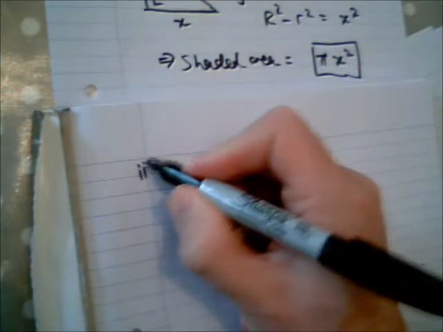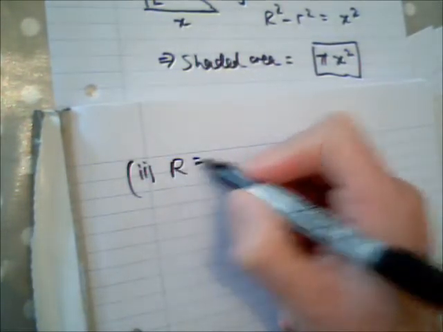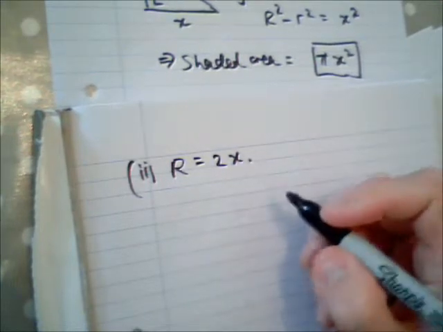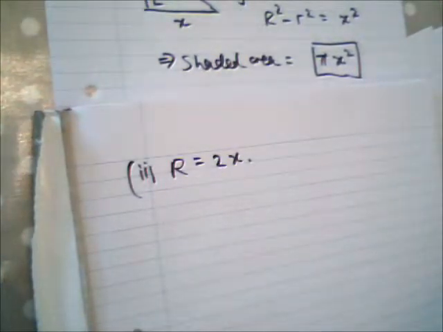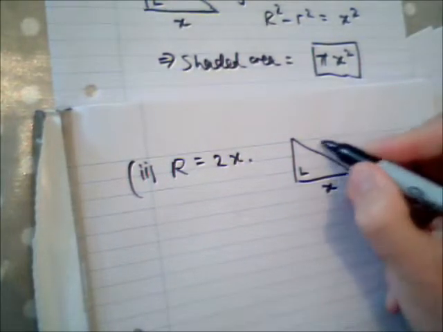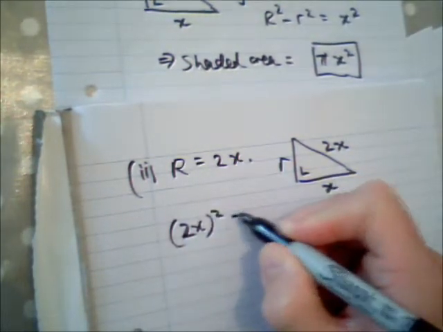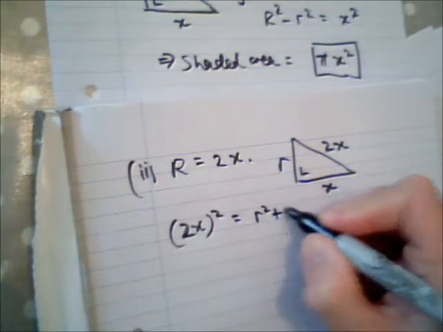So part 2 says the radius of the outer circle, that's big R, is 2x. Well, that means that we can figure out what the little radius is in terms of x. So Pythagoras' theorem says 2x squared equals r squared plus x squared.